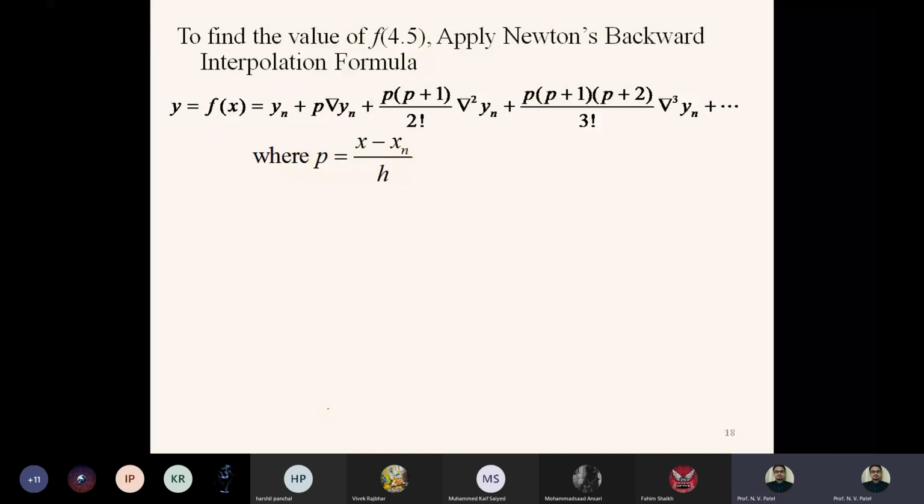So x is unknown, that is 4.5. xn is the last value of the x table, that is 5. h is our step size, here it is 1. So the simplification is minus 0.5.